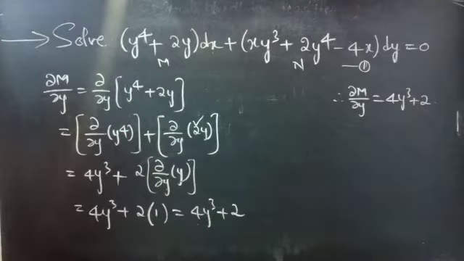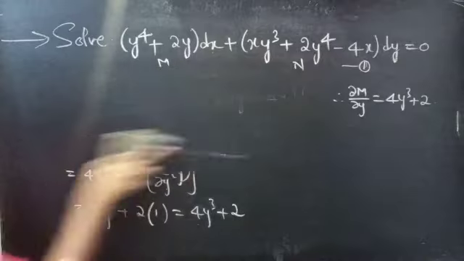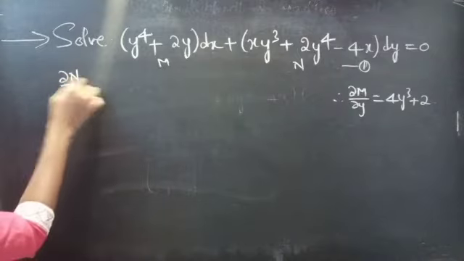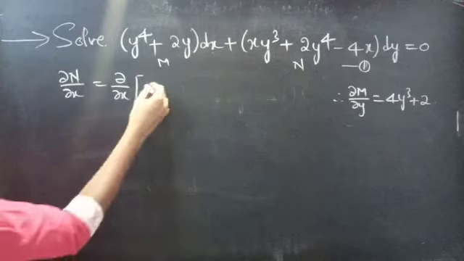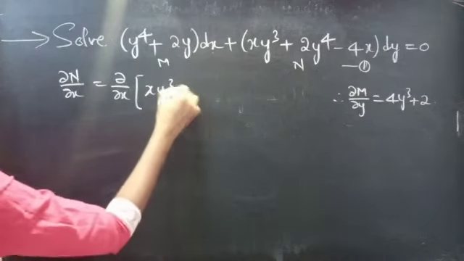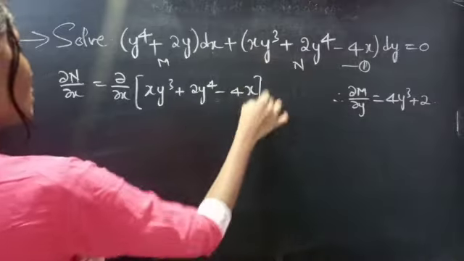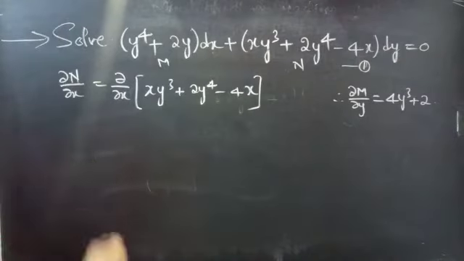Now let's find the partial derivative of N with respect to x. Partial derivative of N with respect to x equals ∂/∂x of (xy^3 + 2y^4 - 4x). Since we are doing partial derivative with respect to x, y will be treated as constant.